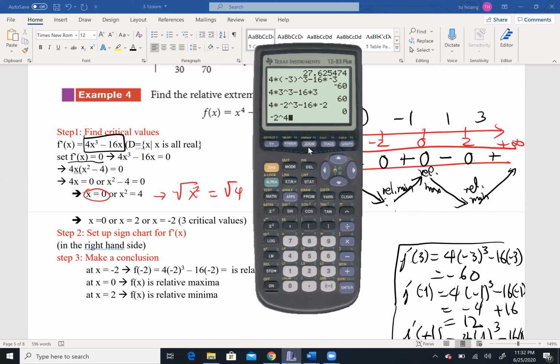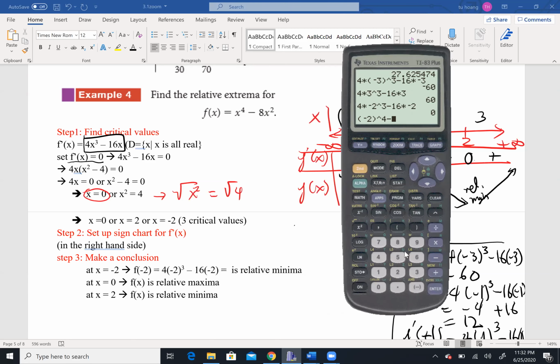So I should have, let me see here, negative 2 to the 4 minus 8 times negative 2 squared.